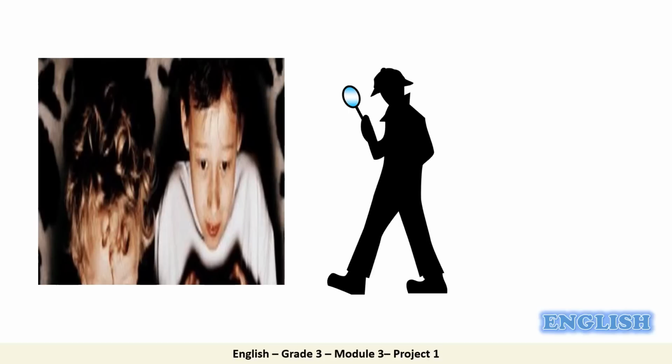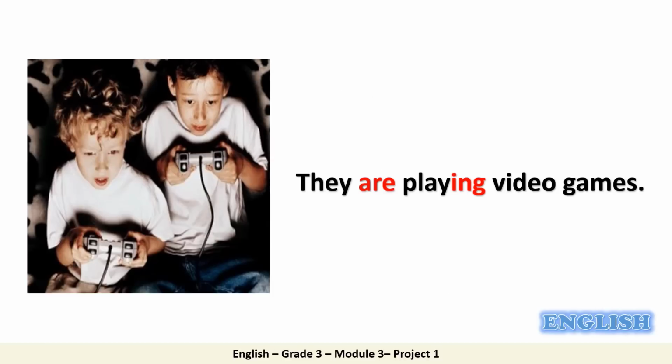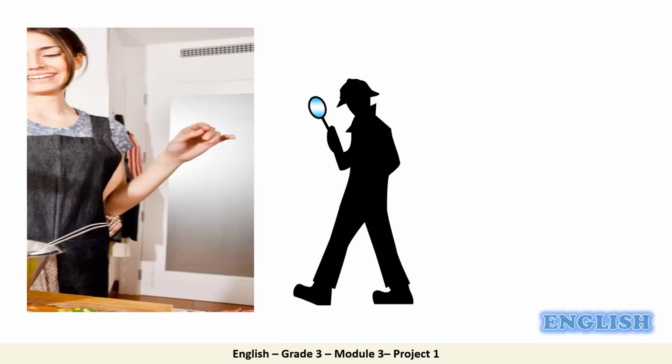Look at the picture and tell me, what do you think is happening right now? Brilliant. They are playing video games. Now let's do the last one. Look at the picture and tell me, what do you think is happening right now?